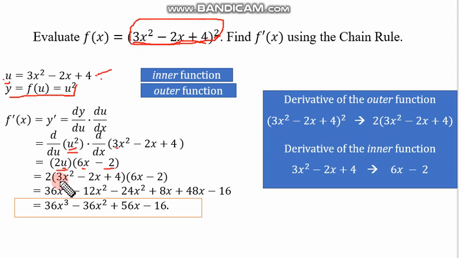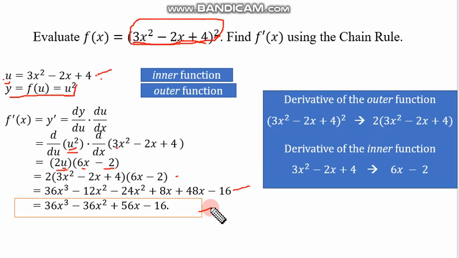So 2 times the quantity 3x squared minus 2x plus 4, times 6x minus 2. We expand: 36x cubed minus 12x squared minus 24x squared plus 8x plus 48x minus 16. Combining like terms, the final answer is 36x cubed minus 36x squared plus 56x minus 16.